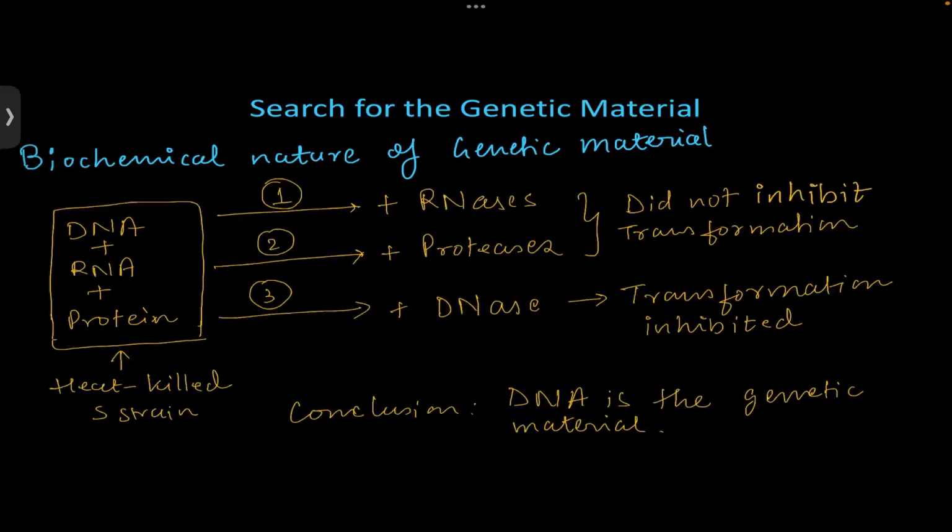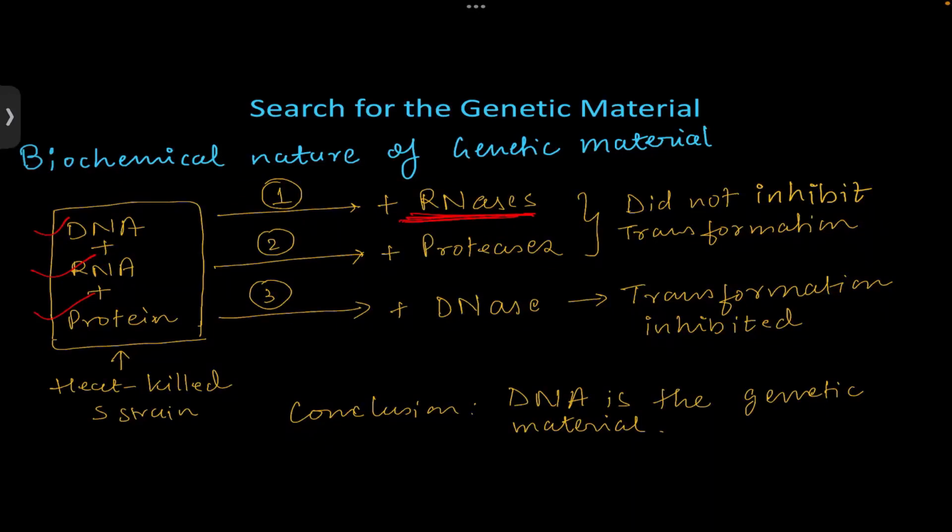Now, they proved the same thing in another way. So what is the other way? They now took a mixture of DNA, RNA, and protein from the heat-killed S-strain bacterium. In this mixture, first, they added RNase.